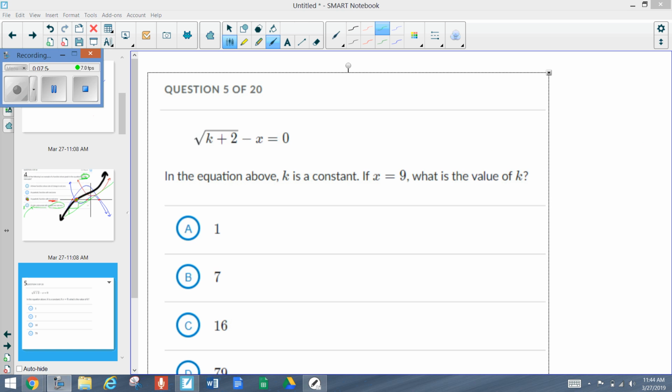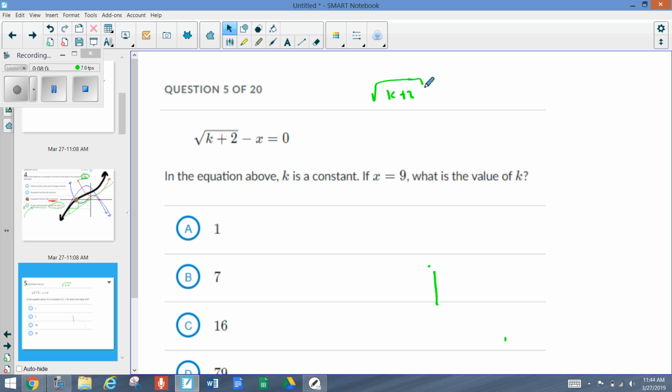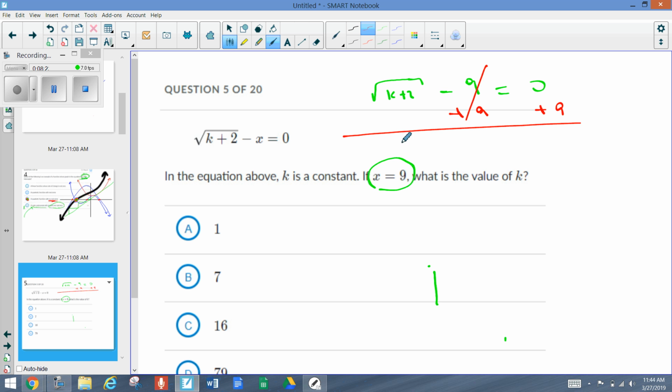So this question, x equals 9, just plug it in. Root k plus 2 minus x minus 9 is equal to 0. So I'm going to add 9 to both hand sides, and it cancels out. Root k plus 2 is equal to 9.